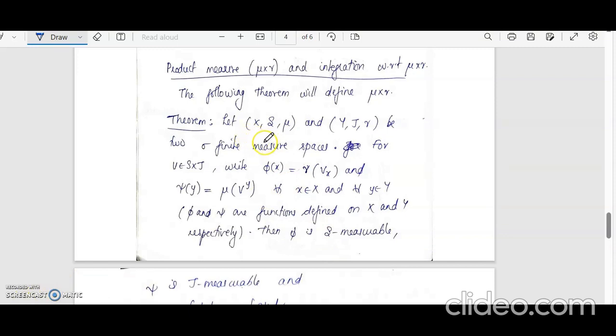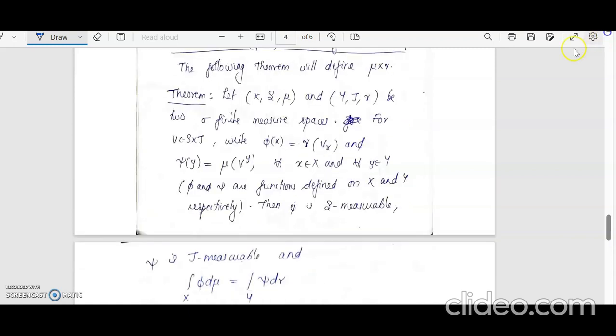Consider two measure spaces: the measure space X with script S and measure mu, and Y with script J and measure r. Let them be two sigma finite measure spaces. Define, for all V belonging to S cross J, phi of x as r of V_x, and psi of y as mu of V^y.